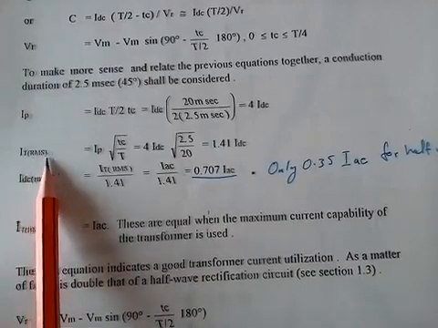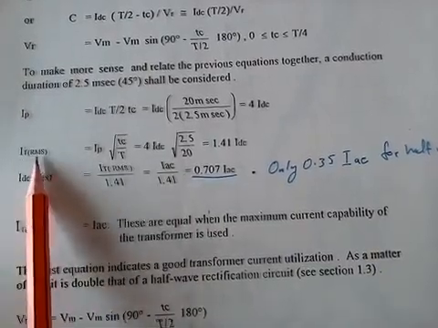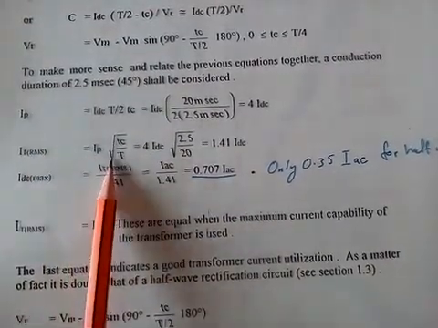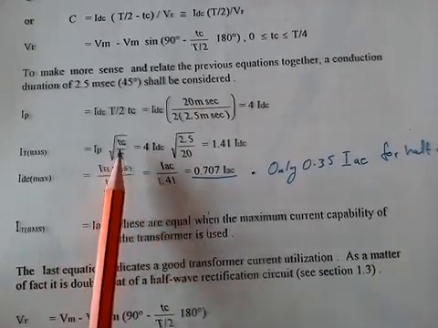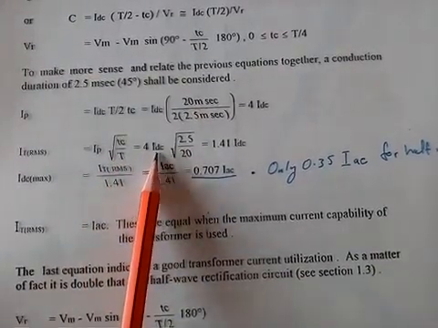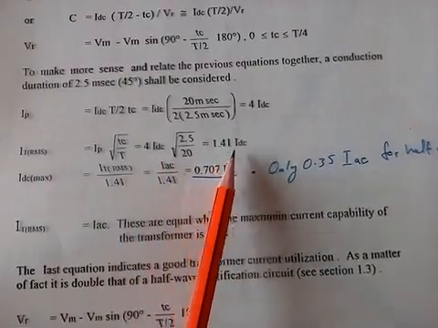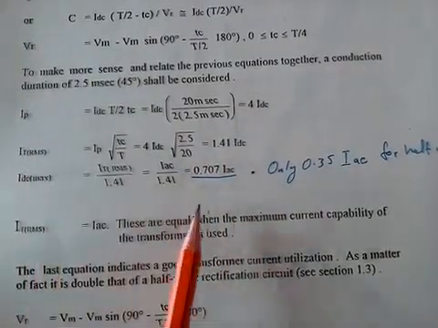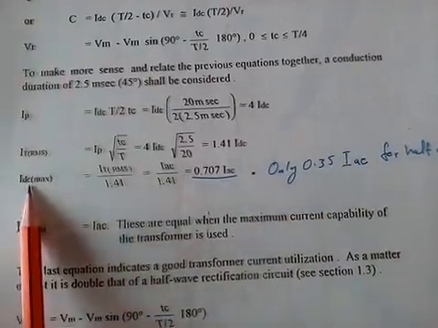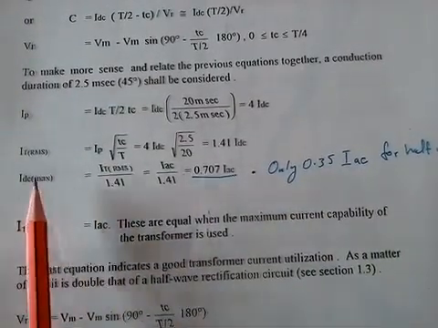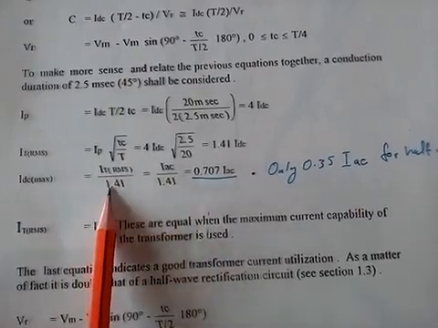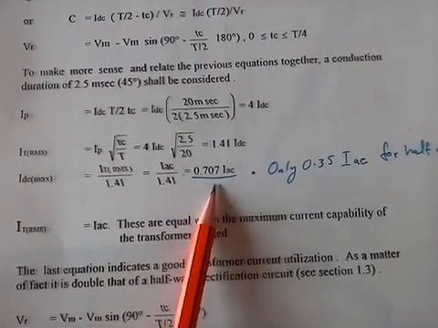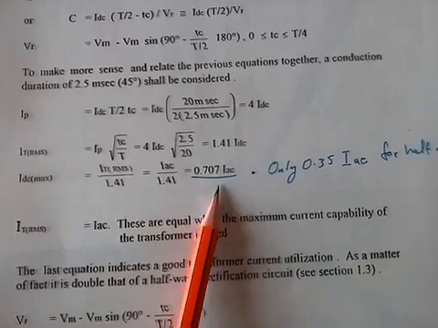Okay, that means the IT in RMS, how much current in RMS will be drawn out of the transformer, would be equal to I peak multiplied by the square root of TC over T. Plugging the numbers in there, that gives us 1.41 of IDC. That's the IT in RMS. So that means IDC max that we are allowed to have would equal that IT in RMS divided by 1.4, and that gives us 0.707, so about 71% of IAC.